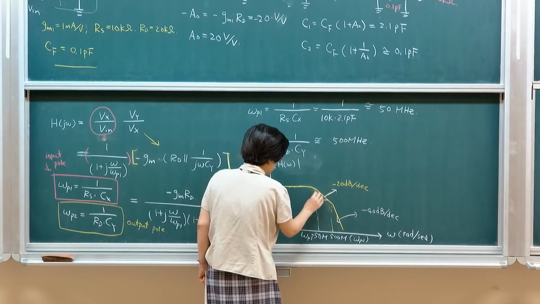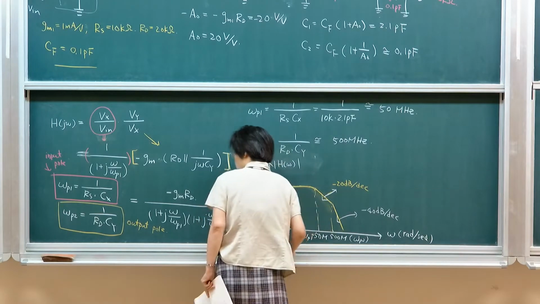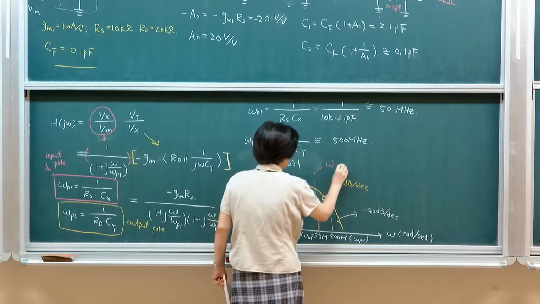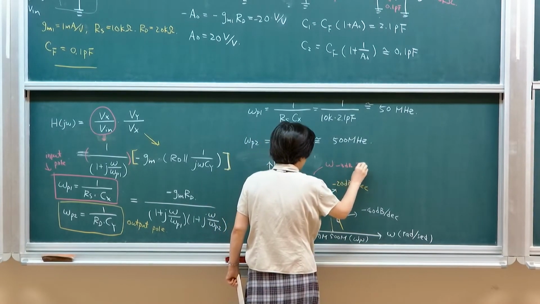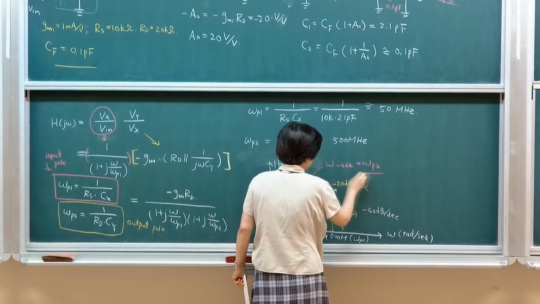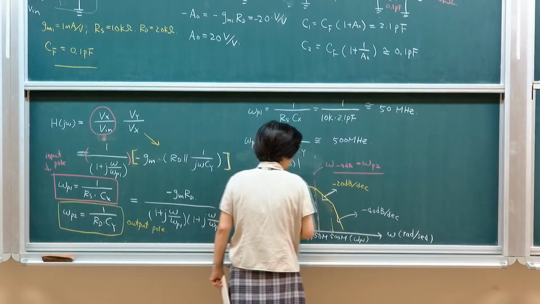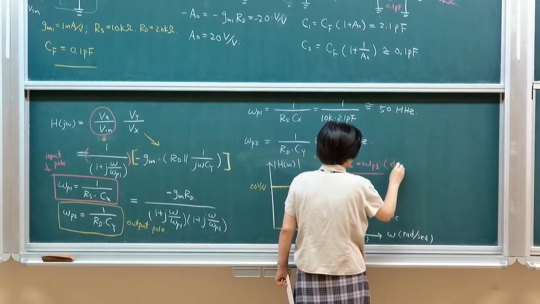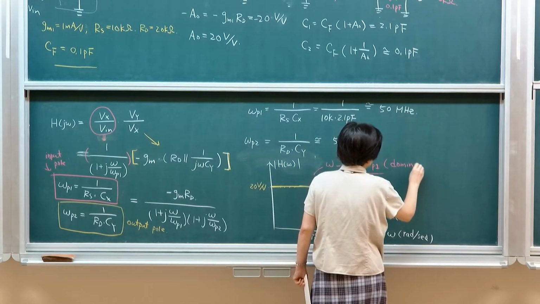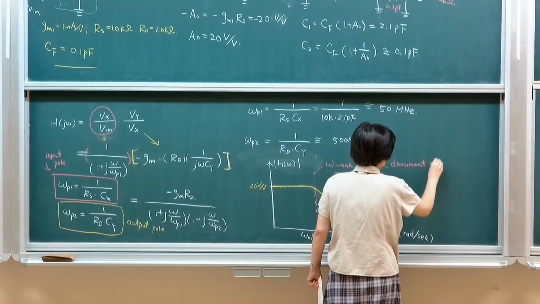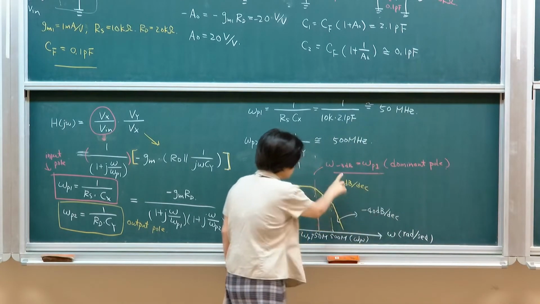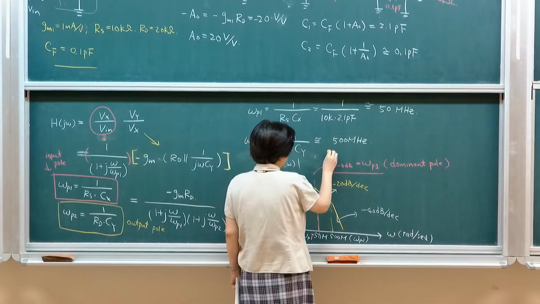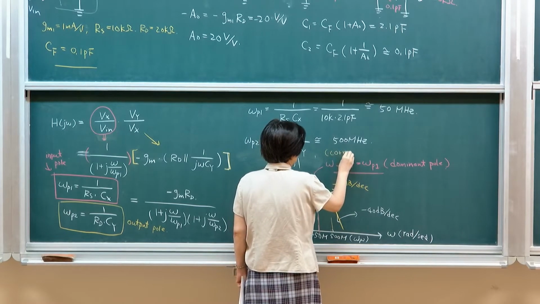Okay? And this is typically referred to as the 3 dB frequency. So omega minus 3 dB is determined by omega P1, sorry, which is referred to as the dominant pole. This will then determine our 3 dB or omega 3 dB or corner frequency.